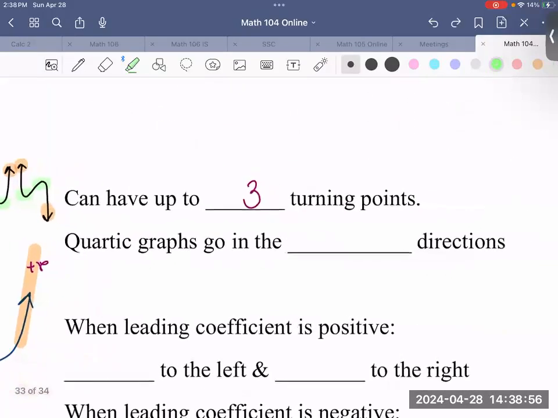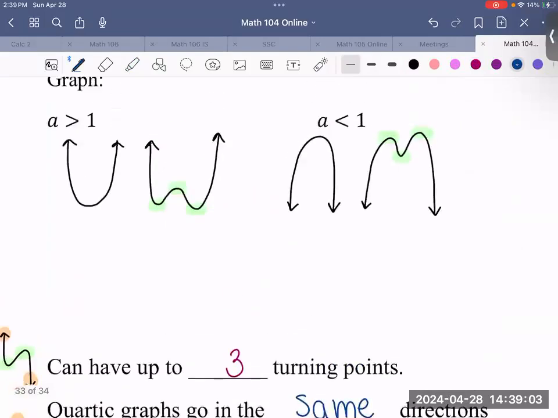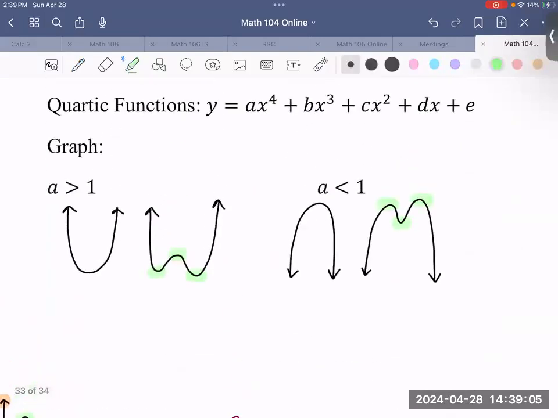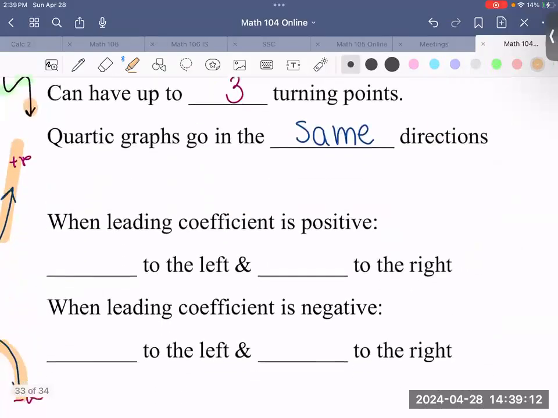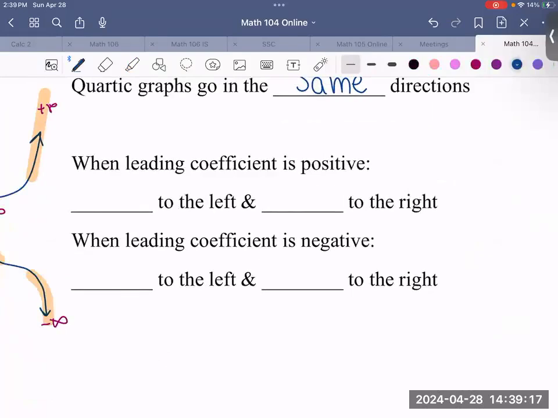Now, quartic graphs go in the same direction. So the end behavior goes in the same direction. So all of these arrows point together. So therefore, when the leading coefficient is positive, going from the left is going up, it's rising.